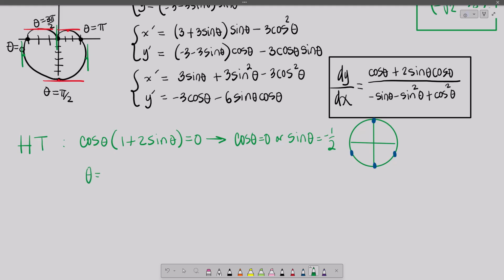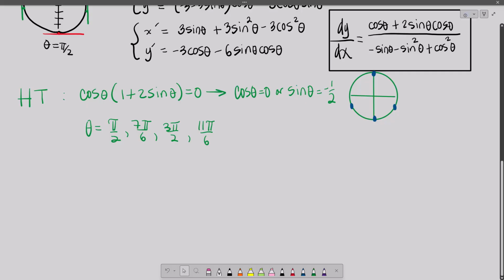So theta is equal to, let's just go in order, pi over 2, 7 pi over 6, 3 pi over 2, and 11 pi over 6. So there are the 4 zeros. Those are our potential horizontal tangents.